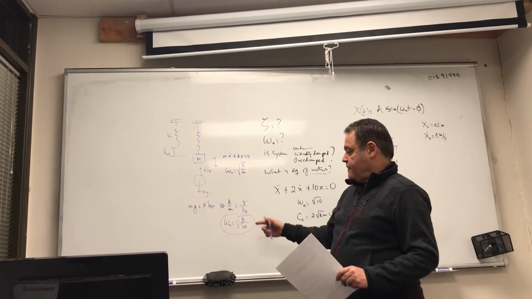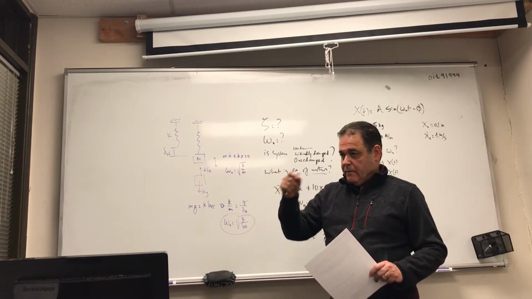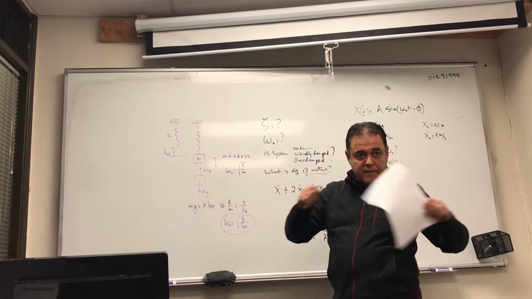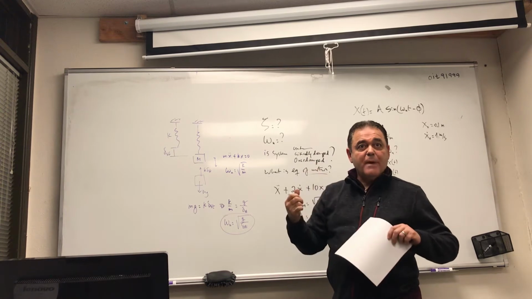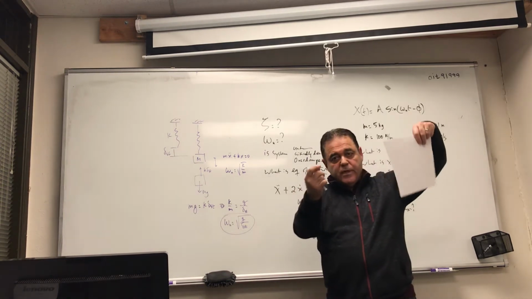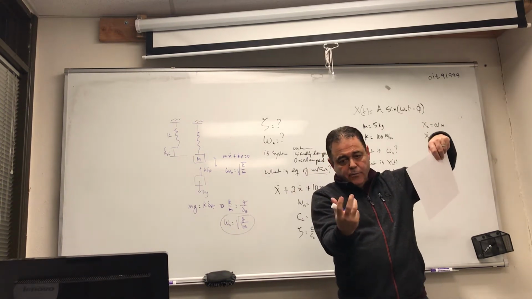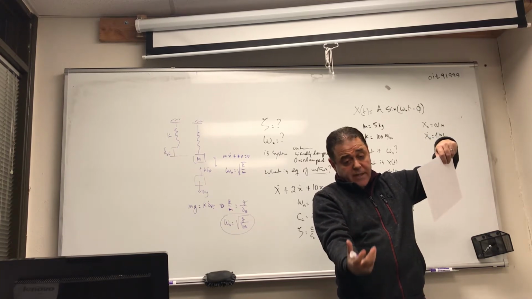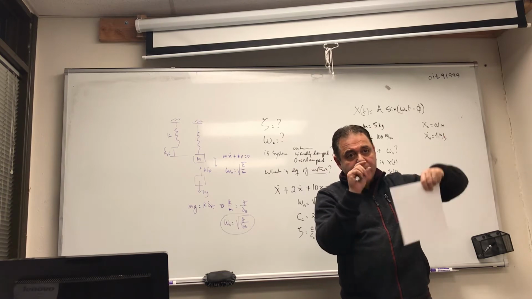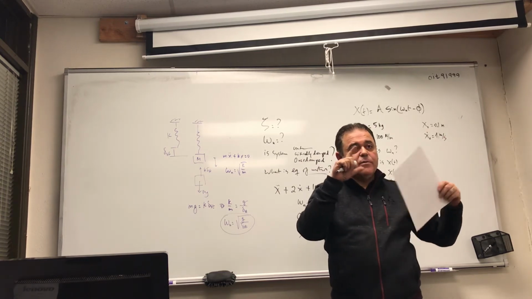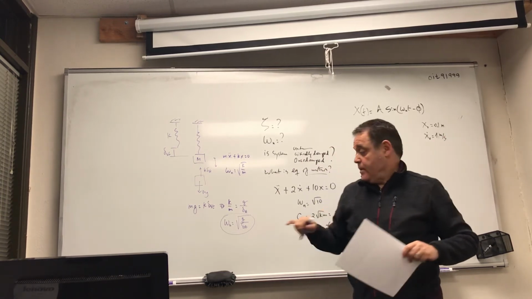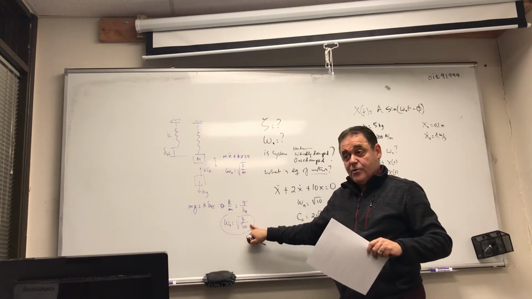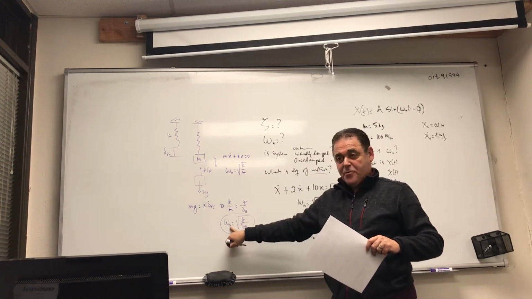If I have a spring of unknown stiffness, you just hang an unknown mass on it and measure a deflection, let's say 2 or 3 centimeters. If you plug it into this equation, you should get the natural frequency.